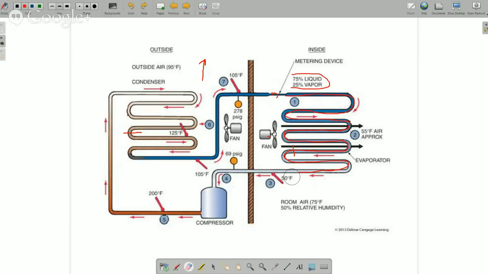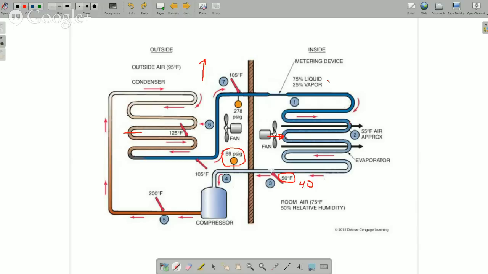And because we're still changing state as it exits the evaporator coil, instead of measuring 50 degrees Fahrenheit here, it's going to be 40 degrees, because remember we looked at the 69 PSIG, and that is equivalent to 40 degrees Fahrenheit, because that's what's happening right here, where it should be changing state and picking up lots of heat, and it's still changing state as it comes out here.